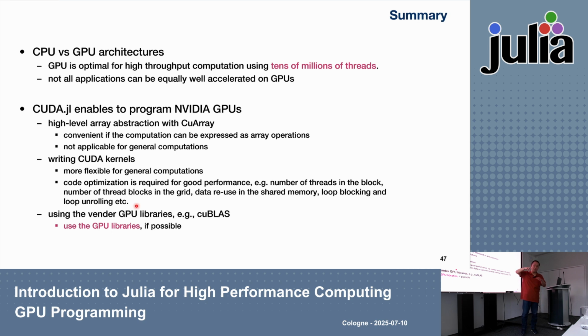If you try to use 100 threads on GPU, I'm pretty sure there's no performance at all. You need to think about how to express your application in terms of millions of threads. This is the key. But anyway, not all applications may be suitable for GPU architecture. You need to think about it.